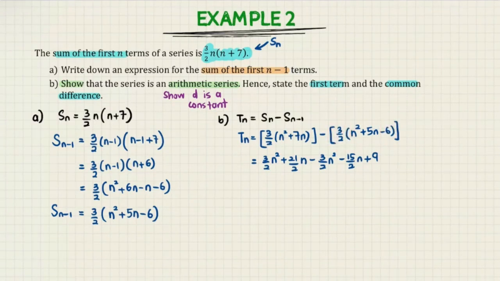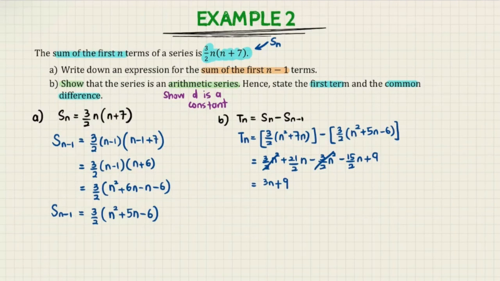Betul tak? Okay. Now kalau kita perhatikan 3/2 n squared minus 3/2 n squared will be 0. 21/2 kita tolakkan dengan 15/2, saya dapat 3 kan. So here dapat 3n plus 9. So ini adalah Tn saya.